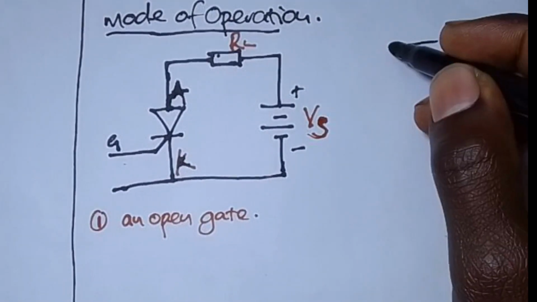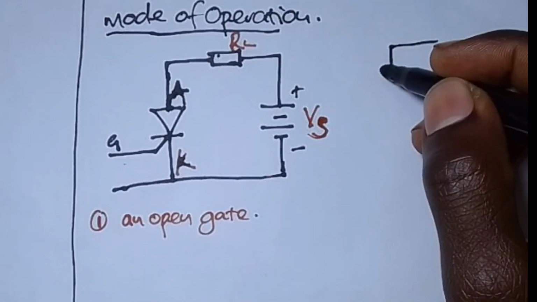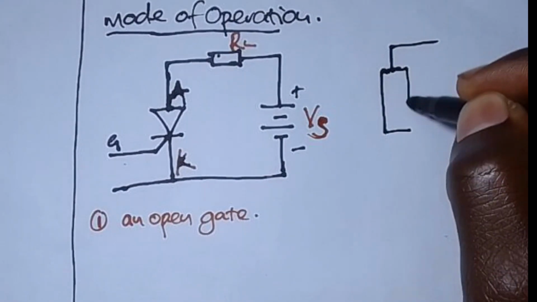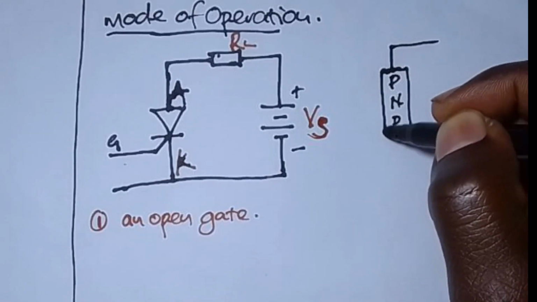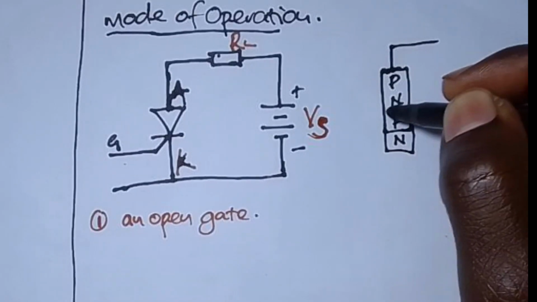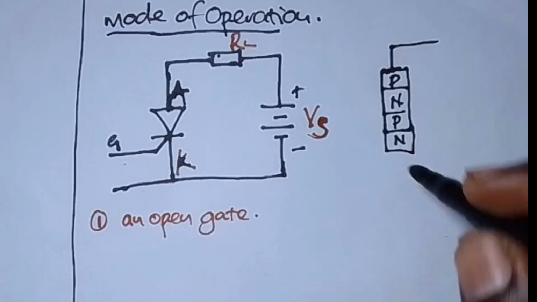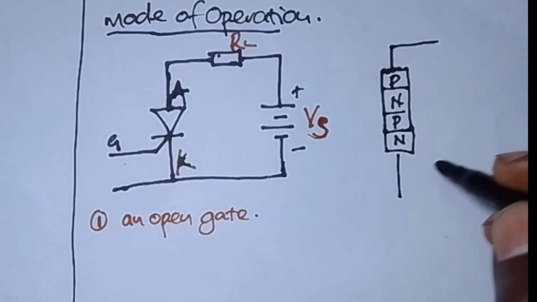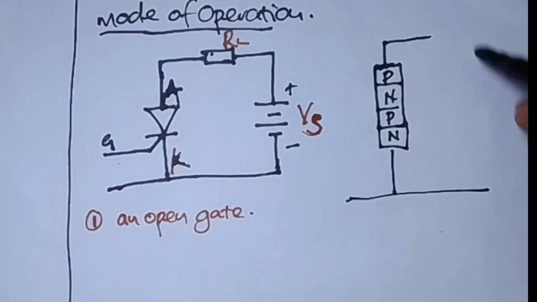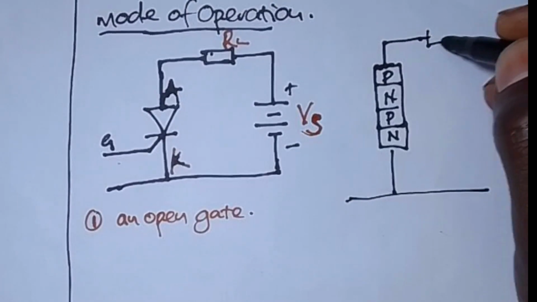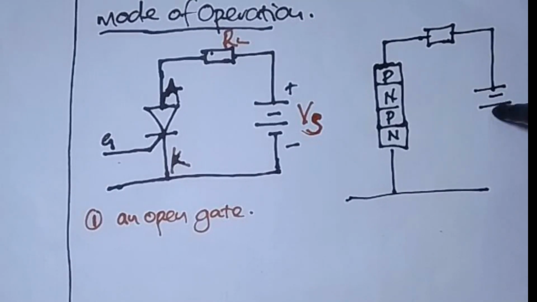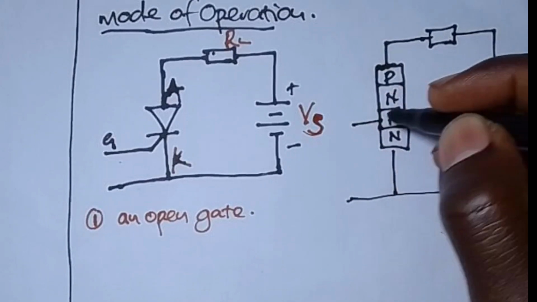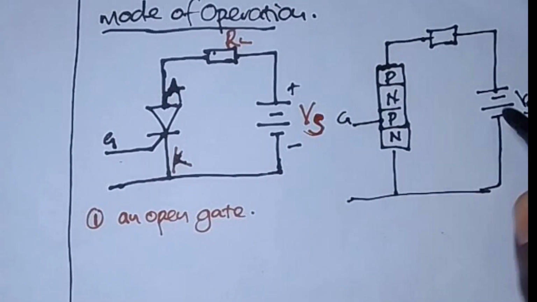My SCR will look like this, with a P, N, P, N, and then this is the load resistance RL, and here is the supply voltage, V supply. This is where the gate is connected.